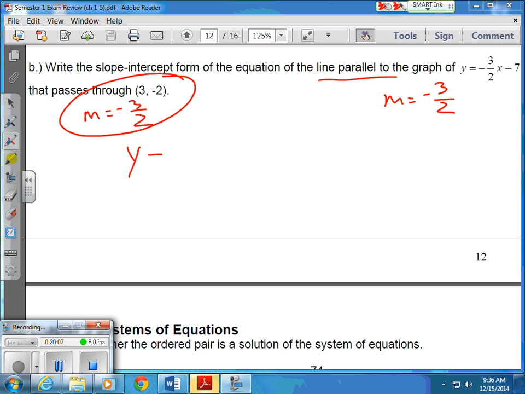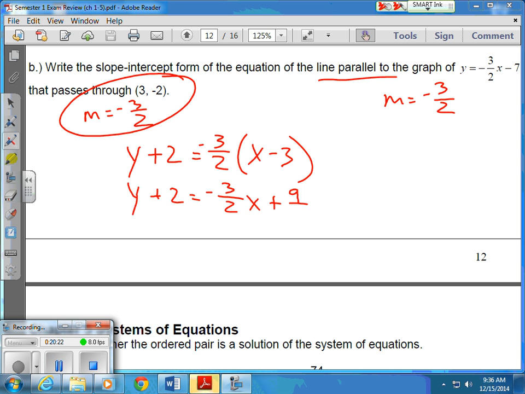Y minus negative 2, so y plus 2, is equal to negative 3 over 2 times x minus 3. So y plus 2 is equal to negative 3 over 2x plus 9 over 2. The negative times a negative would be a positive.